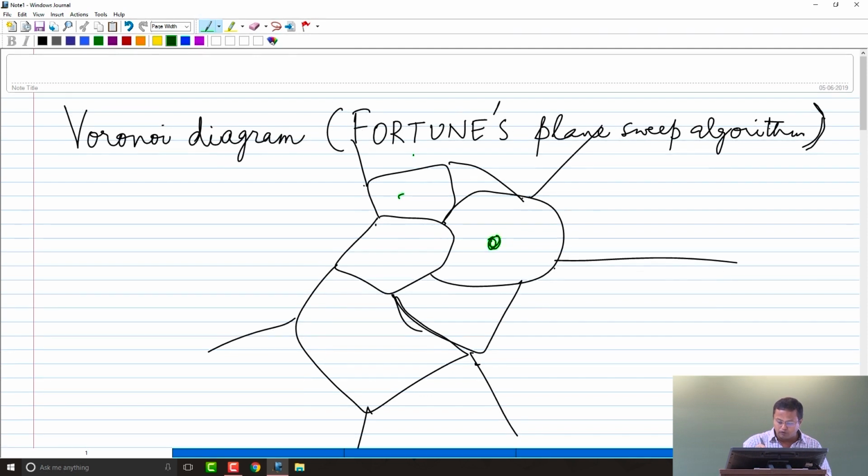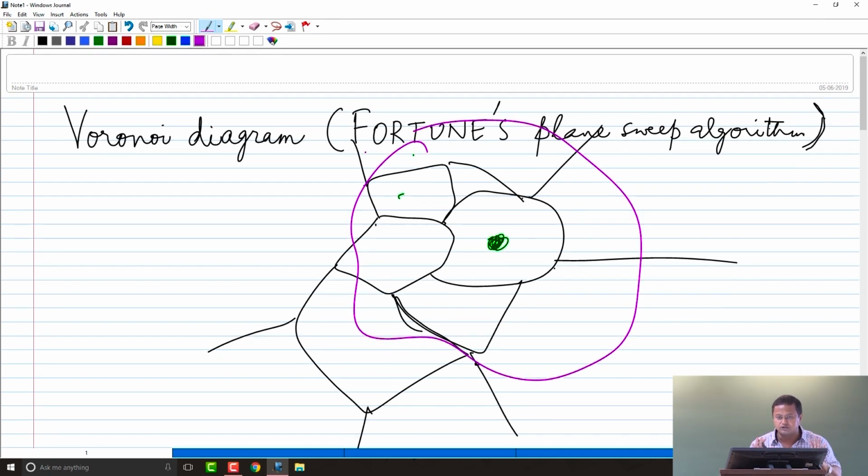And if you can figure that out quickly, because this is a partition, right, the Voronoi subdivision partitions the plane into different closed and open convex regions, then you know which cell it disturbs, and some close neighbors of this are going to be disturbed. So, if I can reconstruct the Voronoi diagram only within this zone, then I will be done, because very far off Voronoi regions are not going to be affected.